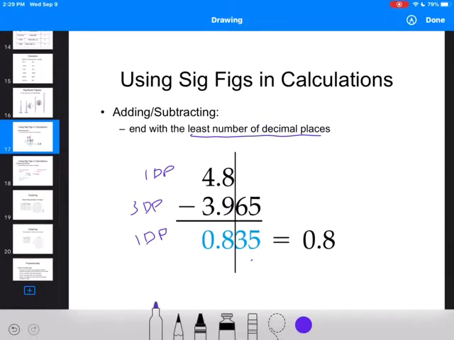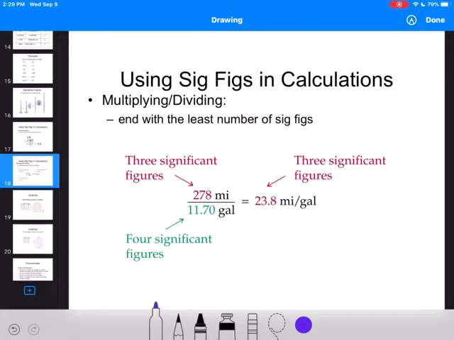So again, I draw a wall after 1 decimal place and take a look 1 place further. The 3 doesn't round up, so therefore my value there ends up being 0.8. Taking a look at multiplying and dividing, now is when we actually have to count actual significant figures.